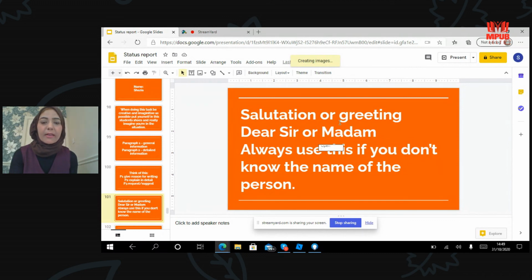So the opening of your letter, the greeting or the salutation, dear sir or madam, you can always use this. So in any formal letter, you can use this if you don't know the name of the person. So if they had given you, you're writing a letter to Mr. Johnson, for example, then you would use that.